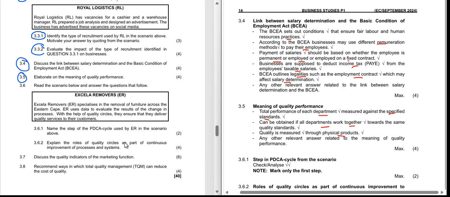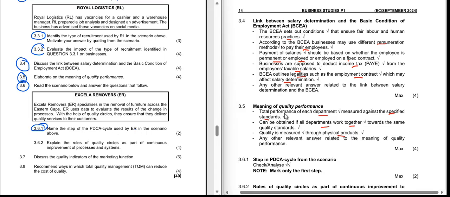It's a scenario. Exceller Removers specializes in the removal of furniture across the Eastern Cape. Exceller Removers uses data to evaluate the results of the change in processes. With the help of quality circles, they ensure that they deliver quality services to their customers. Name the steps of the PDCA cycle used by Exceller Removers in the scenario above.